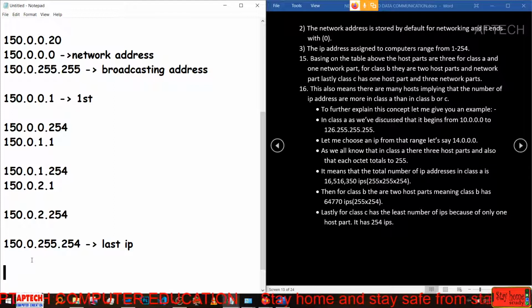So let's say we want a particular number of subnets, let's go with a smaller number, 4 subnets. We want to subnet it into 4 subnets, isn't it?